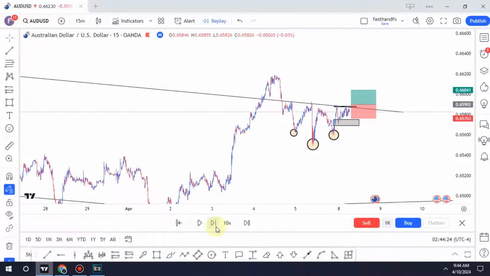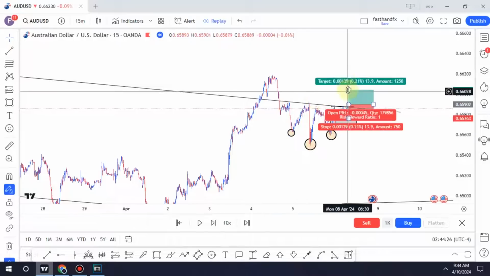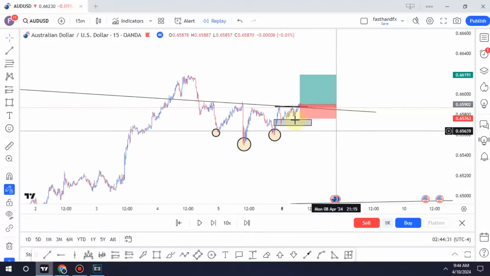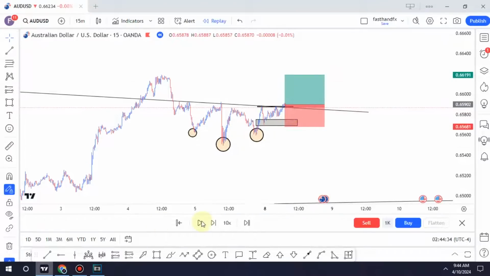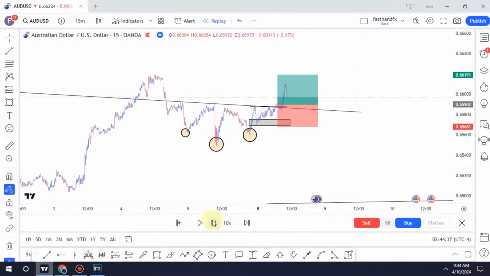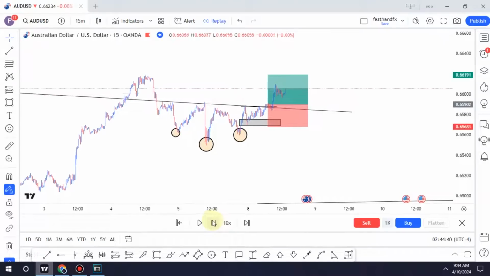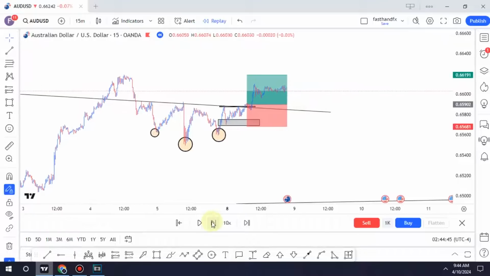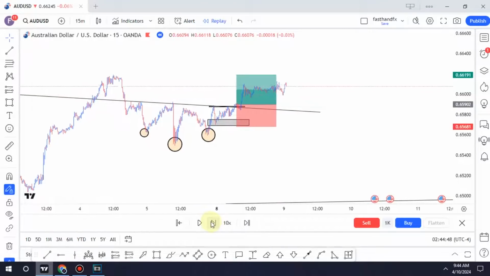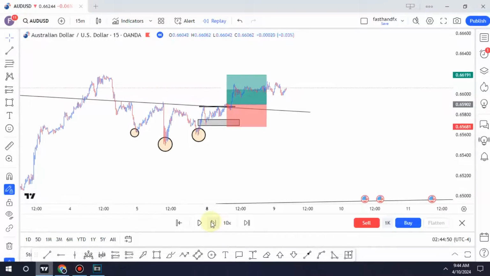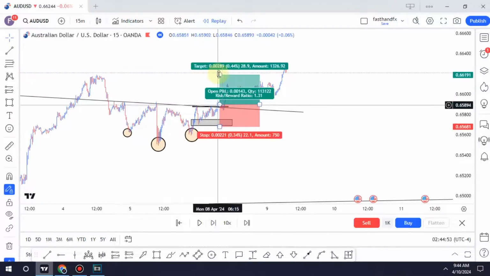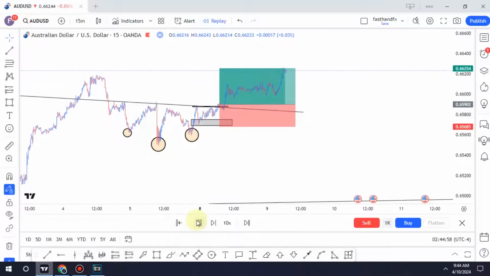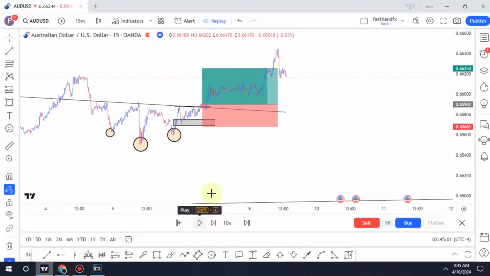See that? All right, so the initial target, I believe, was this level right here, something like this. And you see the market did this thing, appreciated our analysis. The market appreciated everything basically, and our TP was smashed. What was our TP?